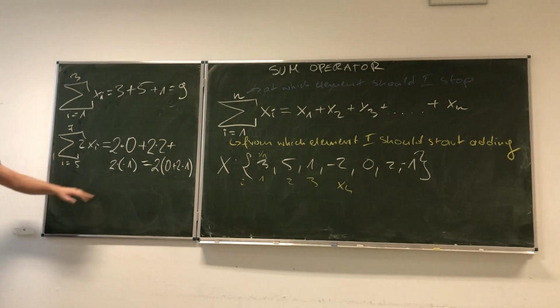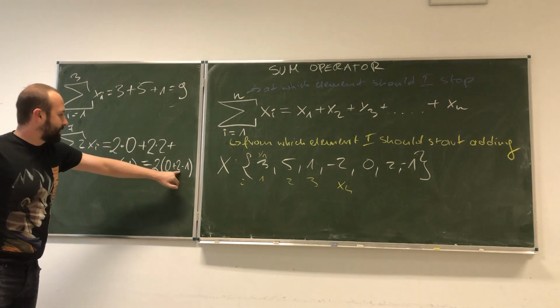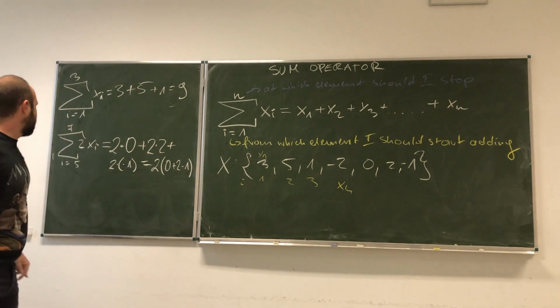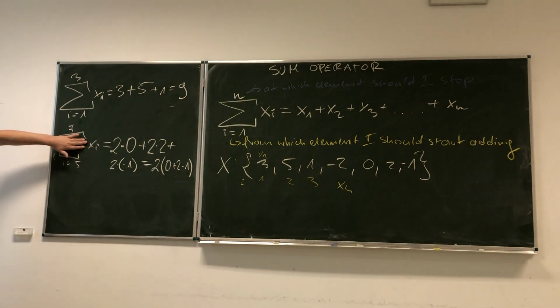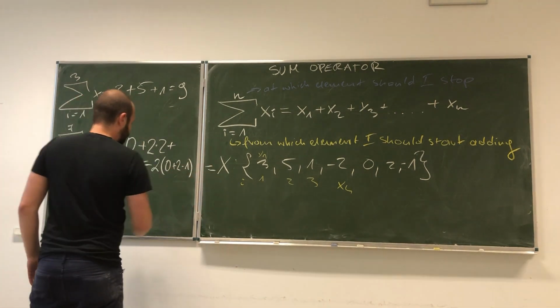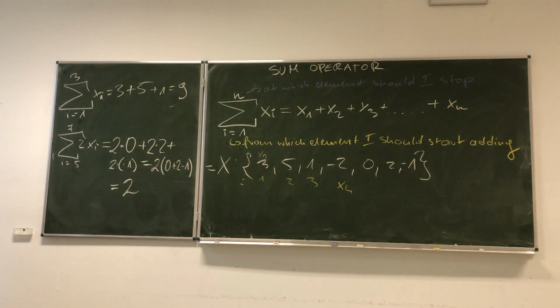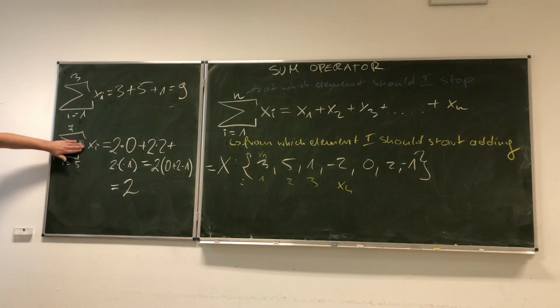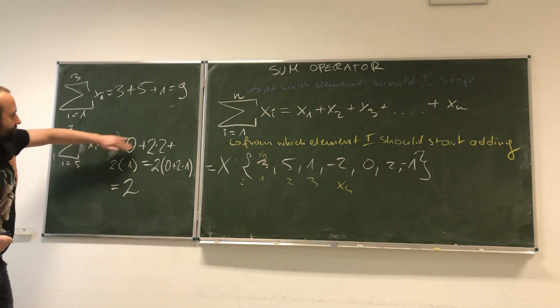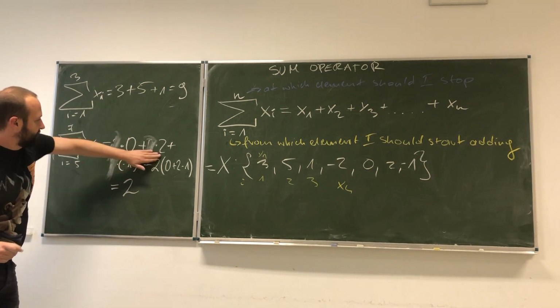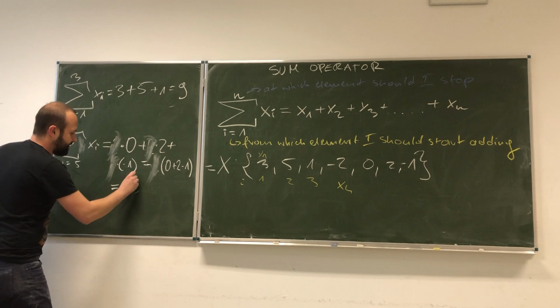And look, this actually is showing us that I can take the 2 out of the entire sum symbol. Because look, 0 plus 2 minus 1 is simply 1. So here, of course, at the end, I get the number 2. But if I would have this without the 2, I would just have 1.